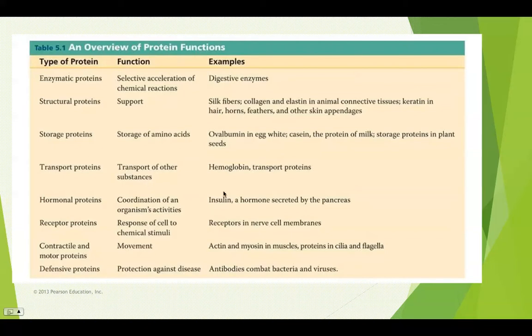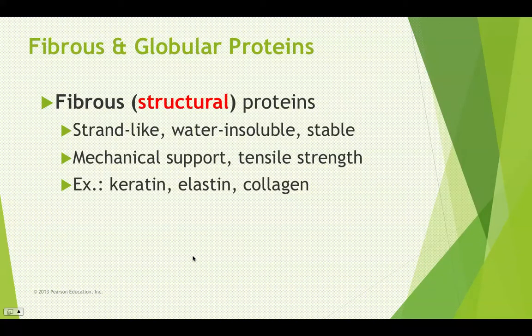These are actually hormones that are proteins. So that's showing you insulin right here. Receptor proteins. These are proteins on our cell membranes that will respond to stimuli. Contractile proteins like actin and myosin in our muscles. We're going to be talking about that quite a bit when we get to skeletal muscle functioning. Defensive proteins are antibodies, which are protein molecules. So there are many of them.